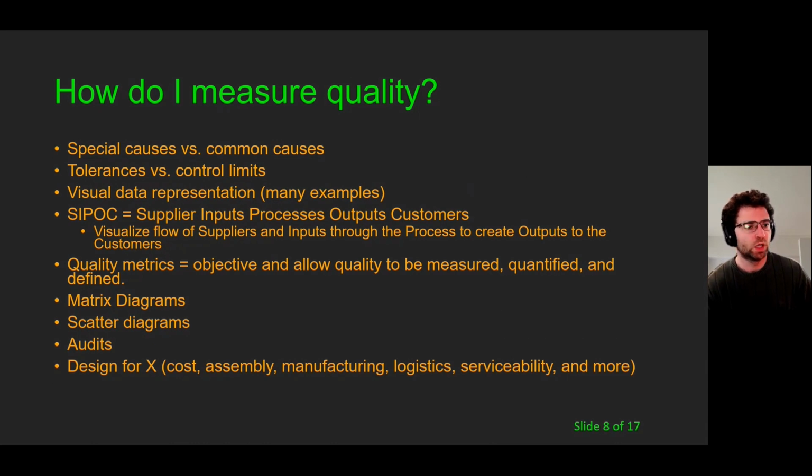How do you measure quality? So there's special causes versus common causes. And of course, there's tolerances versus control limits. You can really go in a myriad of ways in how you present this data.